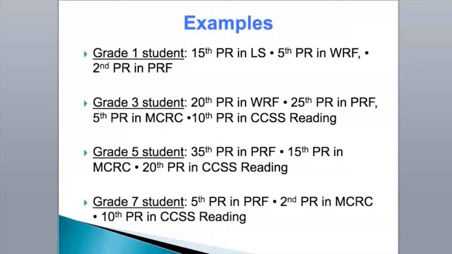Clearly, the 15th percentile rank in multiple choice reading comprehension is quite low, and perhaps maybe monthly monitoring in that would be worthwhile also. Finally, in the 7th grade student, we see that CCSS reading is low and may be an appropriate progress monitoring measure.